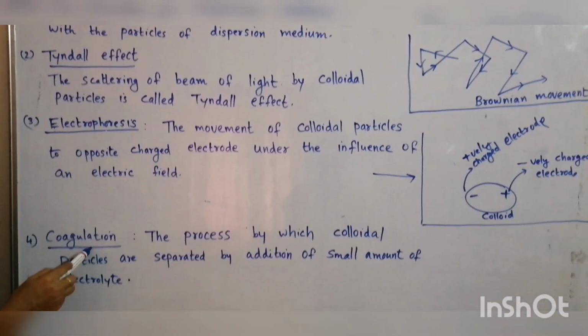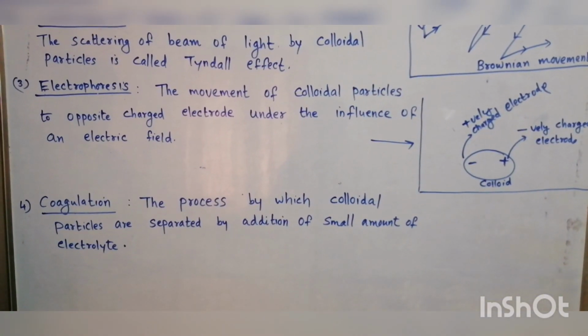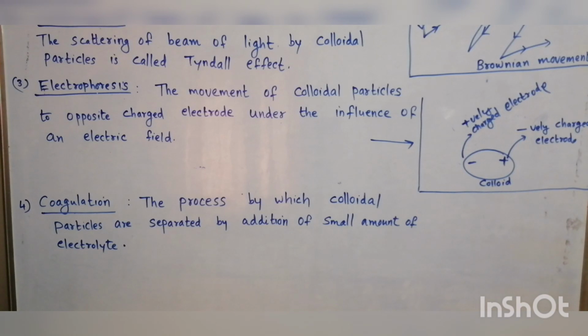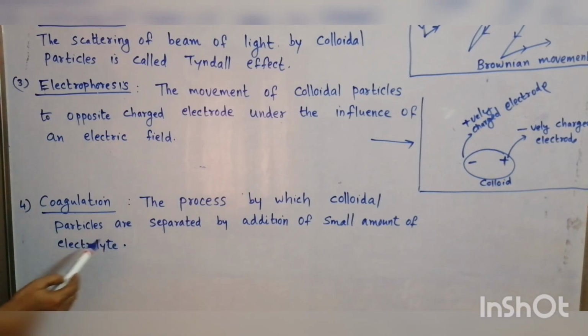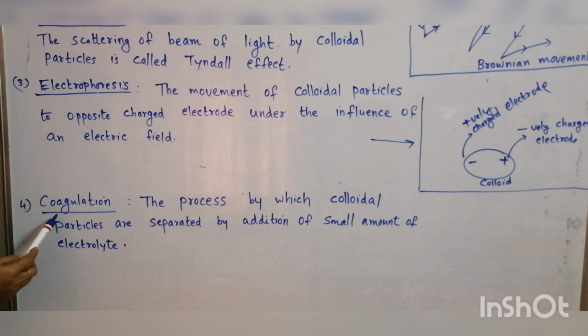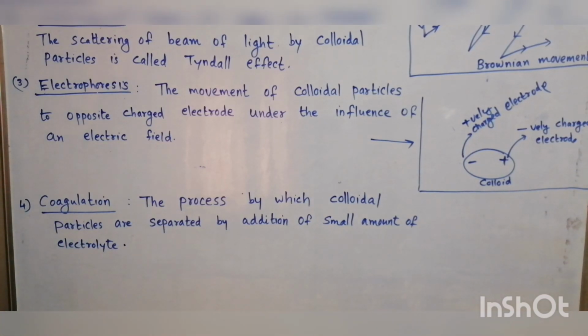Then the fourth property, coagulation. The colloidal particles can be separated by addition of a small amount of electrolyte. This process, in which colloidal particles are separated by addition of a small amount of electrolyte, is called coagulation.